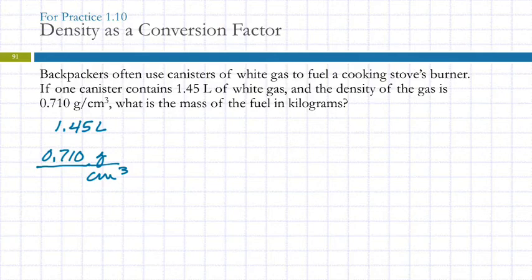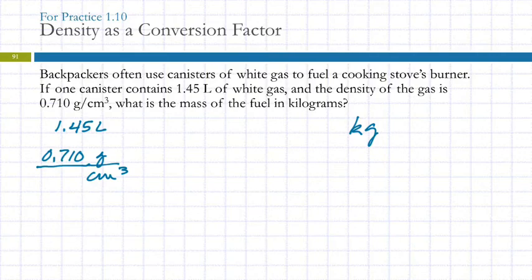So I'm going to start with one of those. Maybe I'm not sure which one yet. What am I trying to find? Mass in kilograms. Okay. Well, looking at these, this is just a single unit. This is a derived unit. It's grams per cubic centimeters.